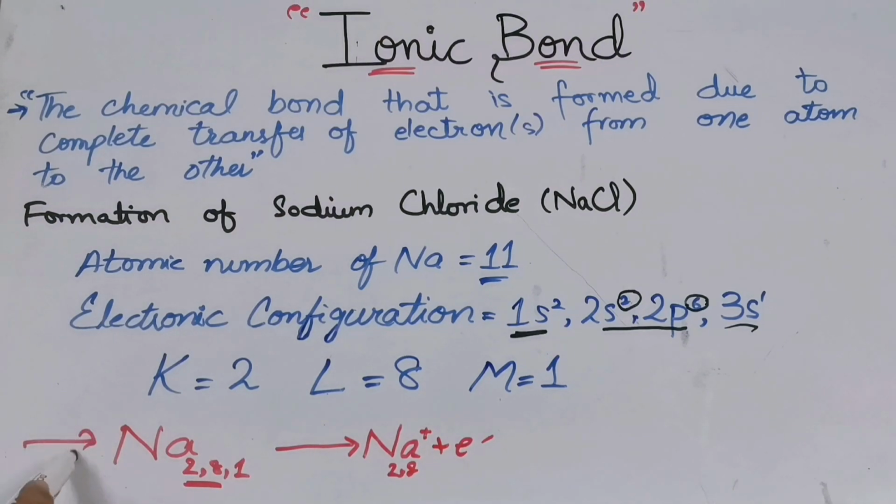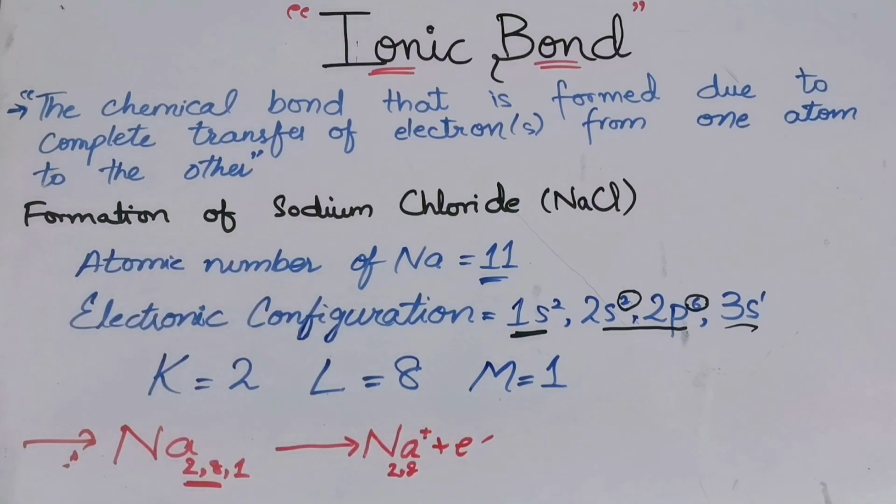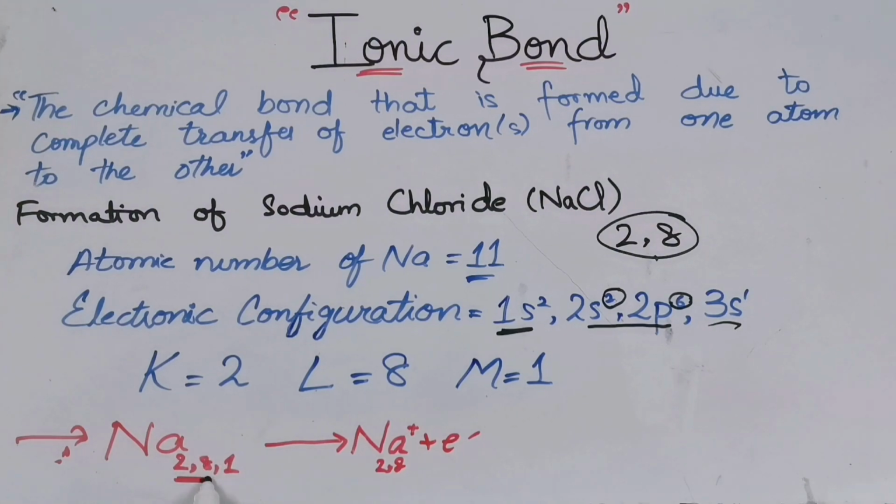Now in the formation of these bonds, remember that you have to complete the octet or duplet. The atom should attain the noble gas electronic configuration. Noble gas electronic configuration means that it should hold either 2 electrons in its outermost shell or 8 electrons. Now how will sodium get 8 electrons in its outermost shell? It will lose 1 electron.